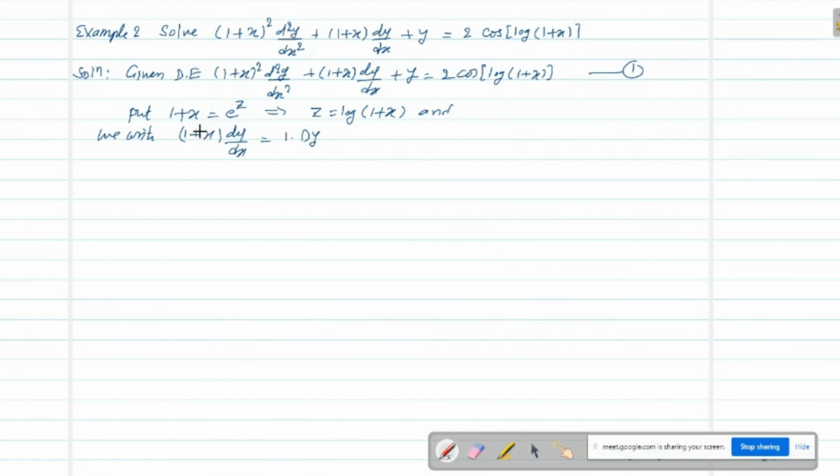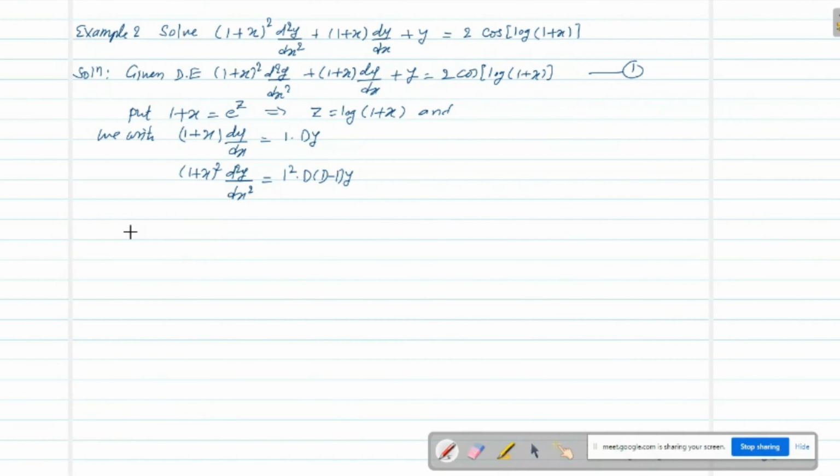See here, the coefficient of x is 1, so we write here 1. And the next term, (1 plus x) square d square y by dx square, equals 1 square D(D minus 1) y.